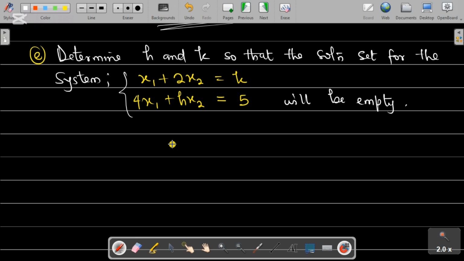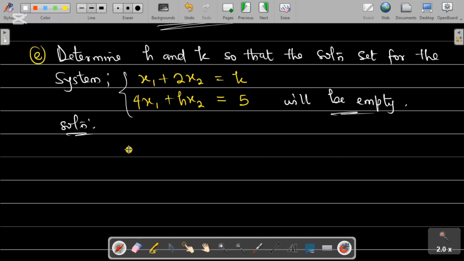All right, so let's try to do that. What are we going to do? For you to know the type of solution set, and there are 3 types of solution sets, one is what we call infinitely many solutions, then you have no solution, which is where you have the empty solution set, and then you have what we call a unique solution.